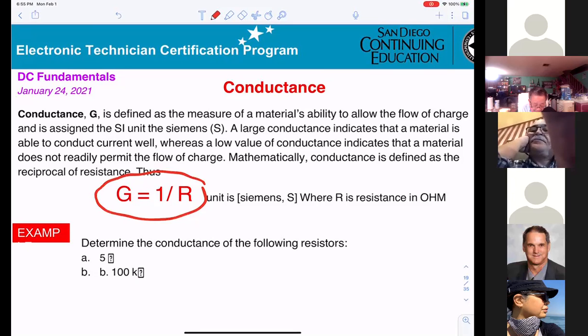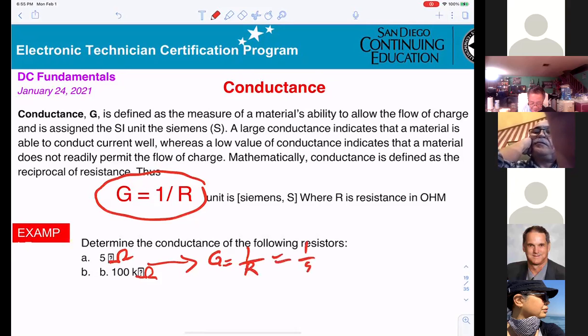Now they say determine conductance of the following resistor. That resistor is 5 ohm, 100 k ohm. And now easy to find, G equal 1 over R. So basically 1 over 5. Okay, then 0.2, right?